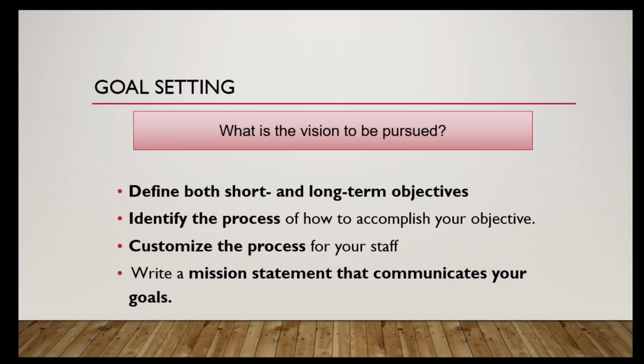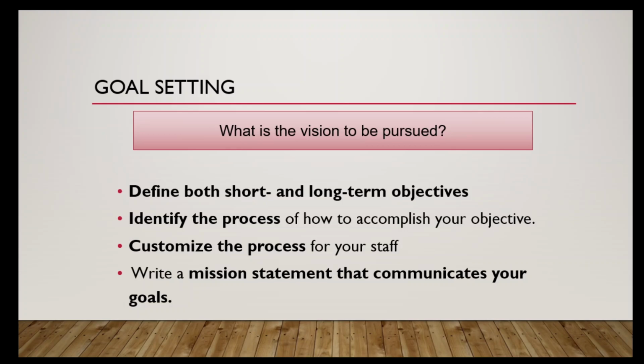Remember, vision identifies the overall direction of the organization, a movement toward the desired future. What do you want to achieve in the future, or where do you see yourself or your firm in the future? In this stage, we need to define both short and long-term objectives.